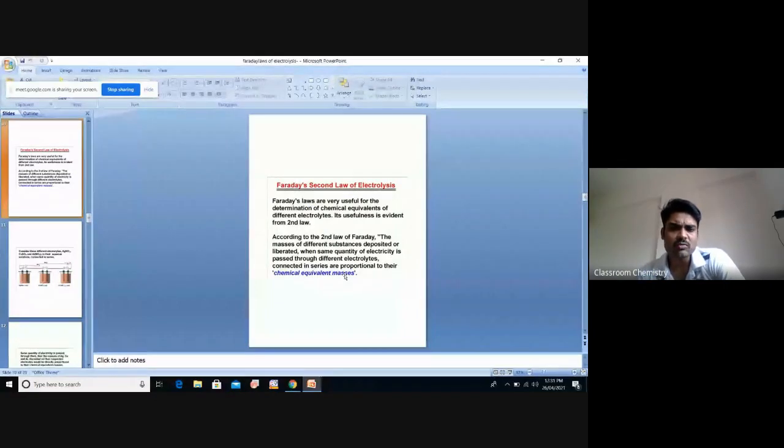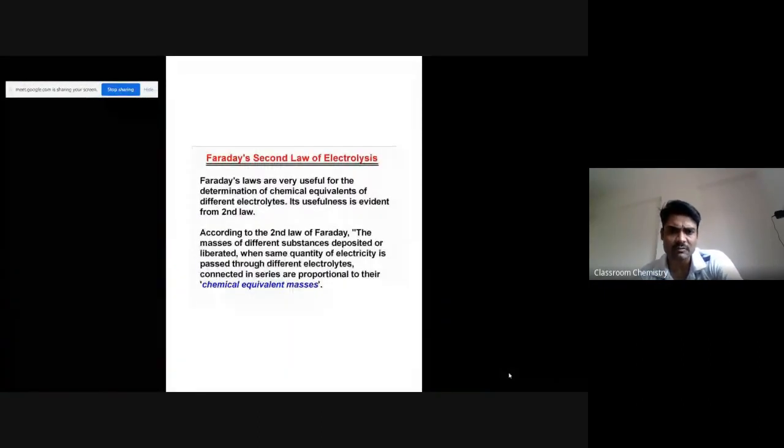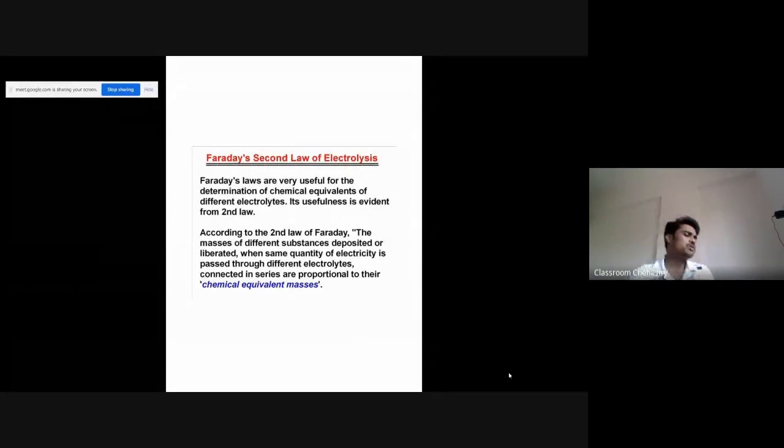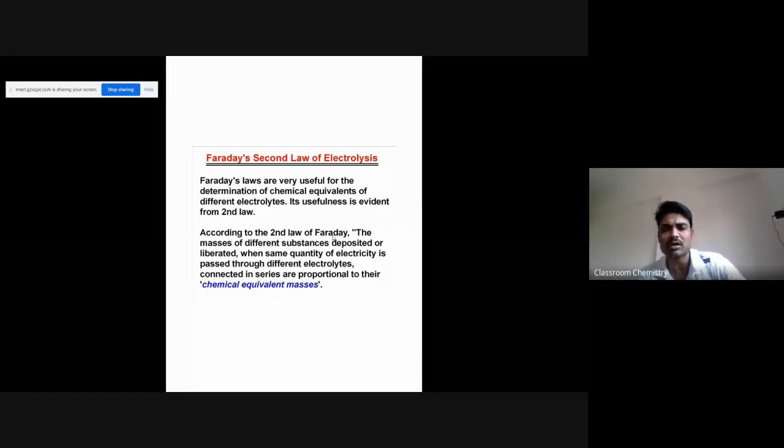After completion of this, now we focus on the second law of electrolysis. How electrolysis takes place. In Faraday's first law we see that the mass of element deposited or liberated on a particular electrode depends upon how much quantity of electricity passes through it in a particular time.